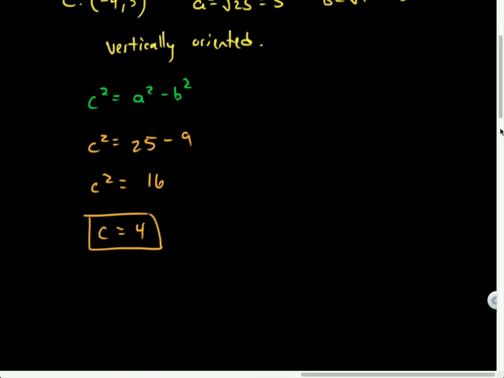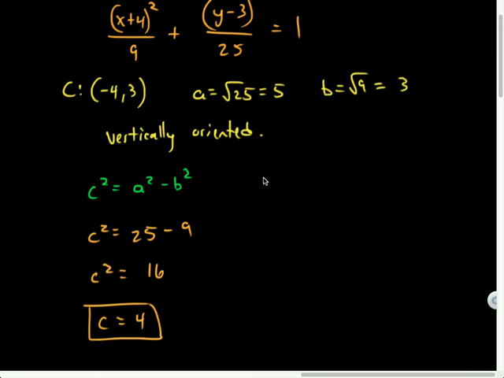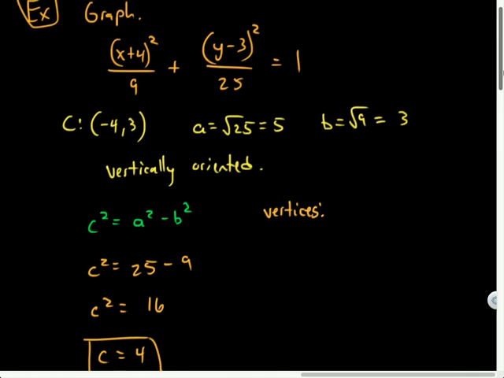Right? So that's c. So then my question is, let's figure out what are the vertices and what are the foci. So for the vertices, I would add and subtract 5 to which coordinate of my center for a vertically oriented ellipse?